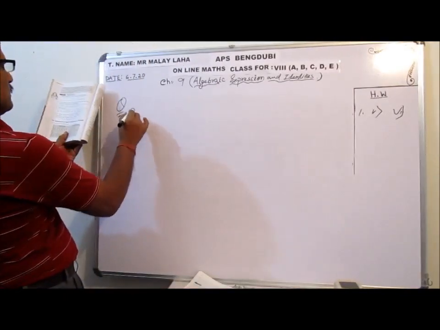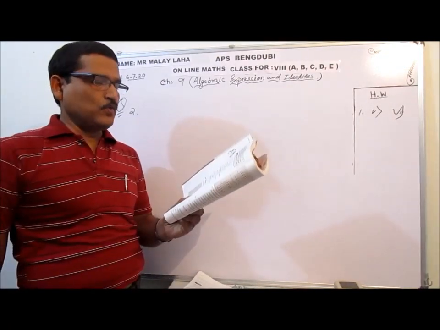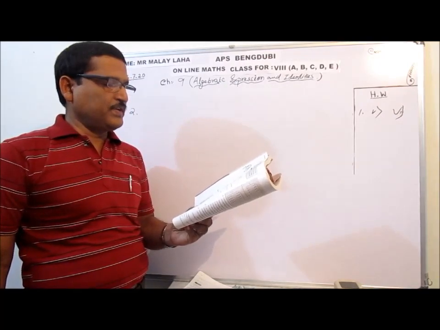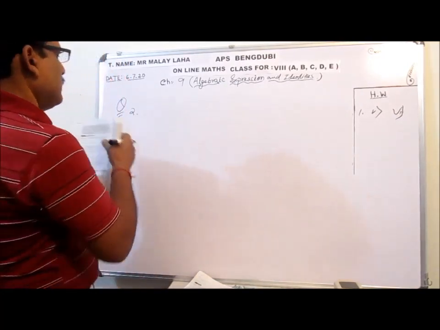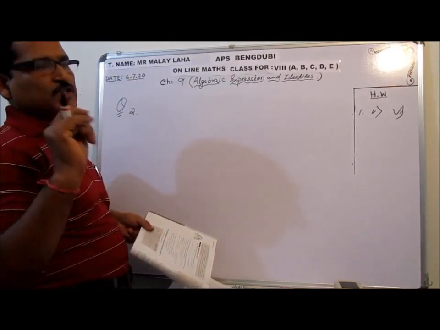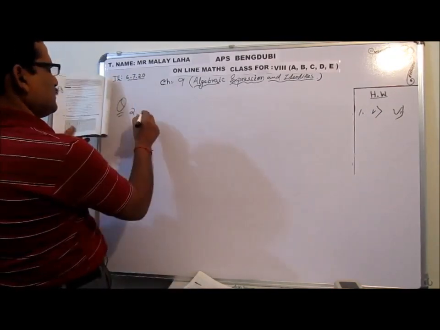Number 2. What is the question? Classify the following polynomials as monomial, binomial, trinomial. Just I have discussed which polynomial does not fit in any of these 3 categories. Okay. So now you just write down the expression and beside it write monomial, binomial, or trinomial.